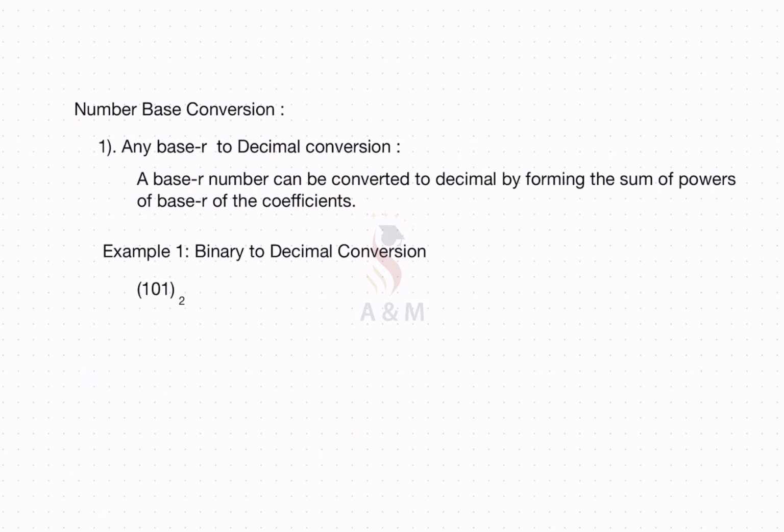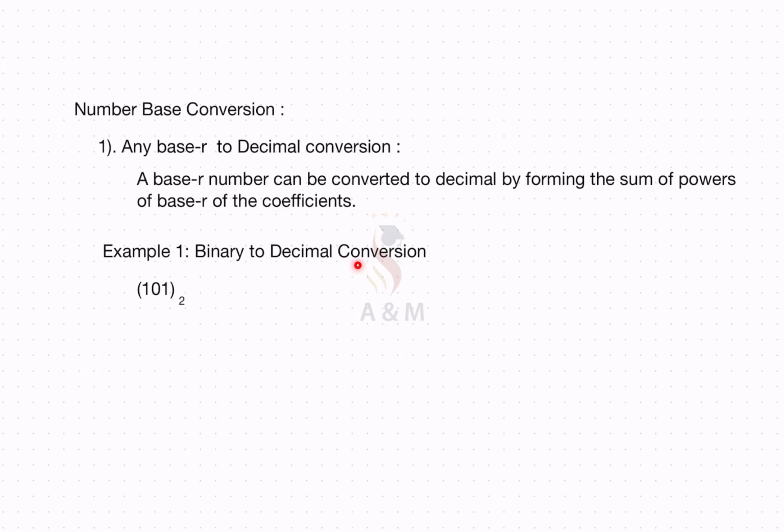Number base conversion. First one, any base r to decimal conversion. A base r number can be converted to decimal by forming the sum of powers of base r of the coefficients.